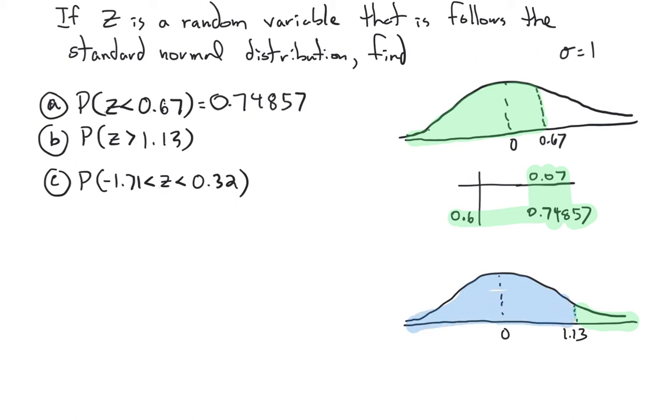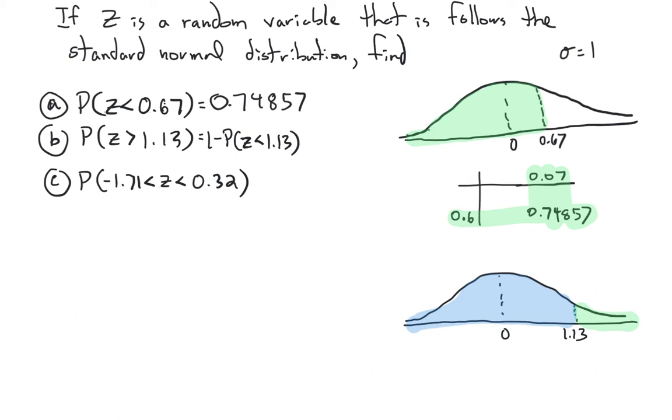So if we subtract that off from 100%, from 1, we're just left over with this green area. So we're looking to change this to 1 minus the probability that z is less than 1.13.